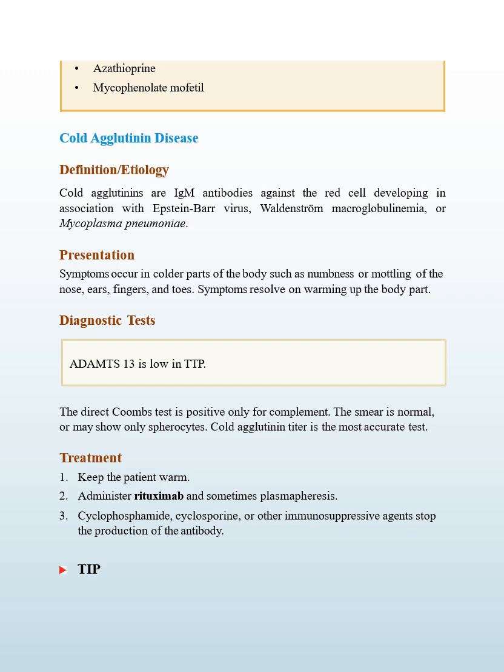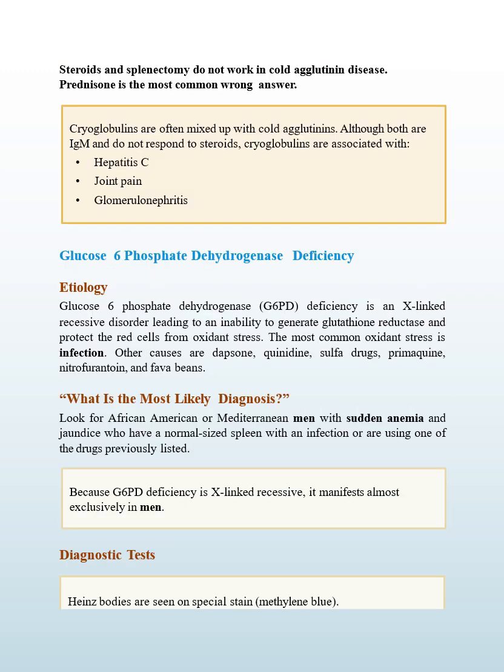There is a clinical tip here. Let's go to the next slide, 26. It states that steroids and splenectomy do not work in cold agglutinin disease, and prednisone is the most common wrong answer.